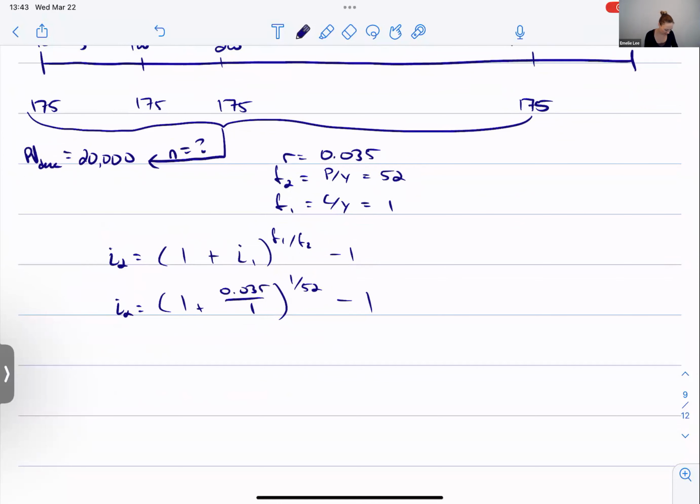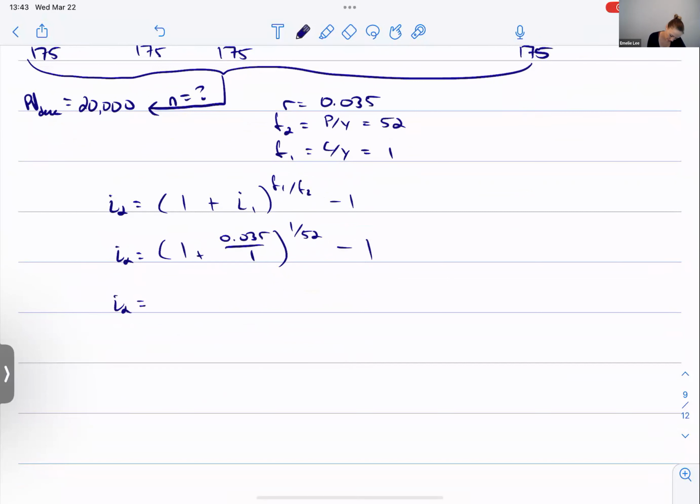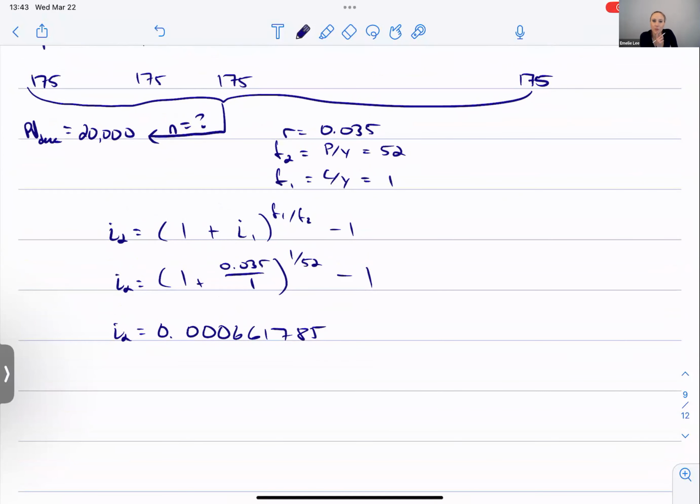Let me see if I have it here. Okay. 0.00066178.5. Now, if we're trying to find n, right, it's really important to remember if we have a future value or a present value. And then if we have just a regular present value or a present value due.